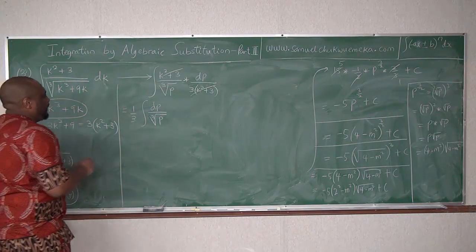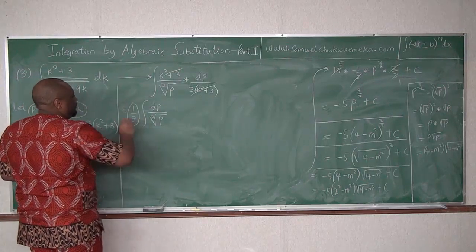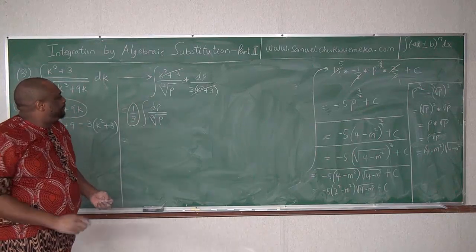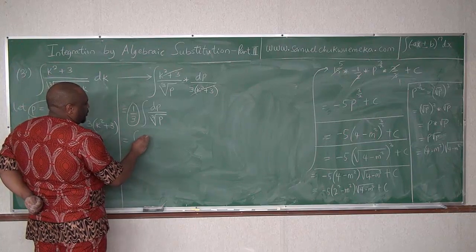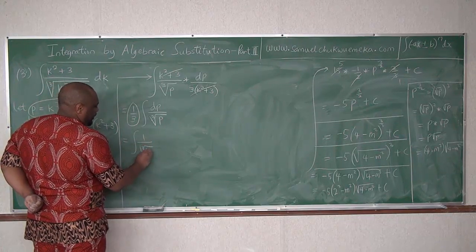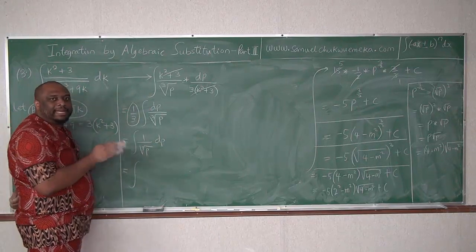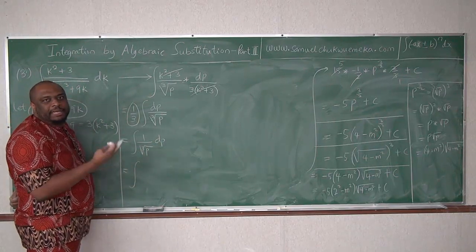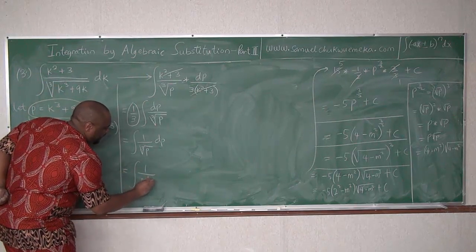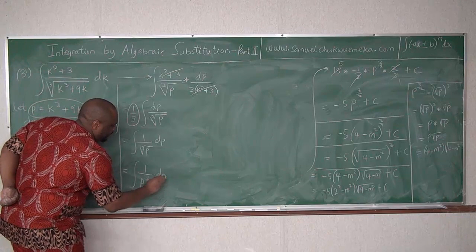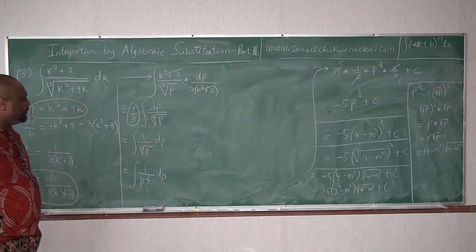I will keep this for now and come back to it. This is now 1 over the cube root of p, dp. I'm just explaining step by step, and you can skip some of the steps, that's okay. So this is 1 over p raised to power 1 over 3, dp, from the law of exponents.